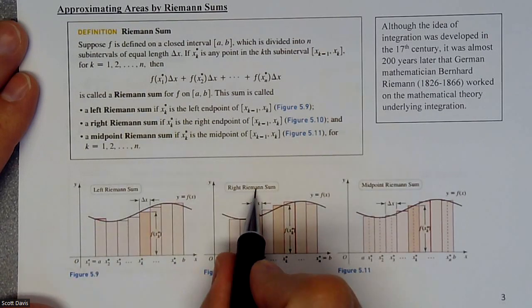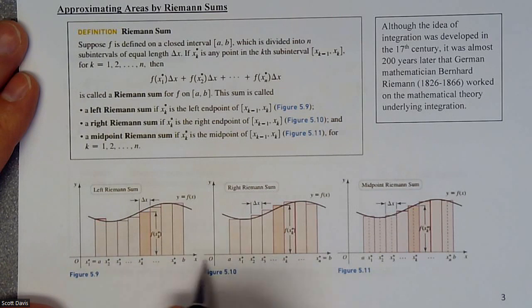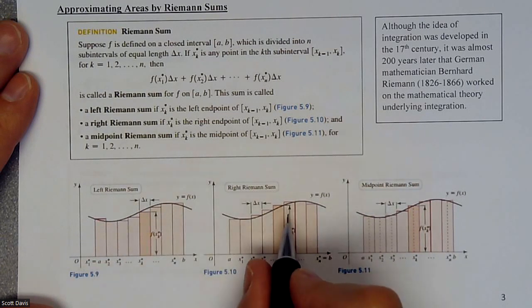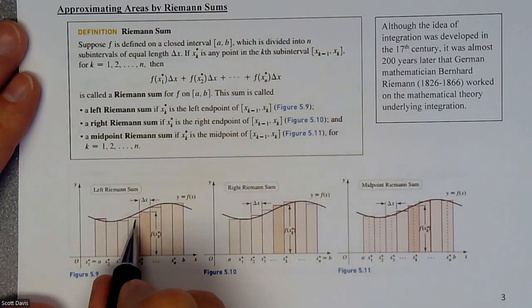And then a right Riemann sum, exact same idea: if you're talking about this rectangle right here, now this height is based on the right endpoint, not the left endpoint. So now this height's going to be a little bit higher, right? It depends on the concavity you've got going on. Concavity plays a role also.